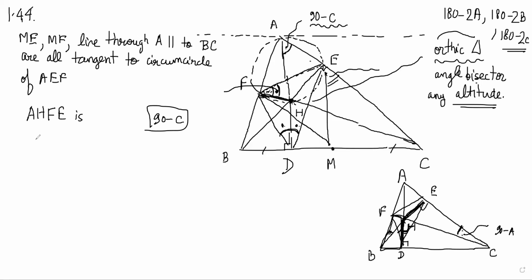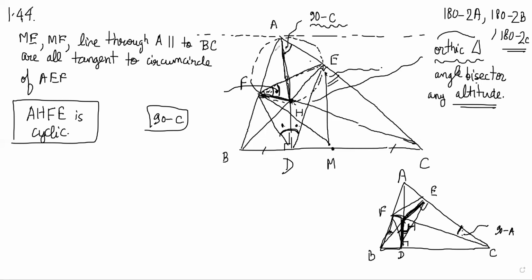Okay. So if AHFE is cyclic, can that help us? We have to prove that the MF line is tangent to this circle, right? So also we know that AH is the diameter of this circle.